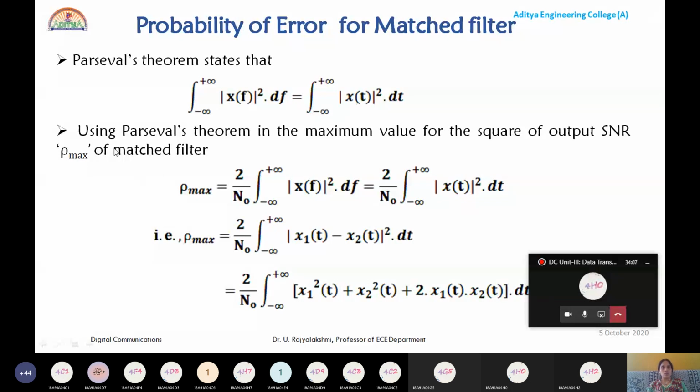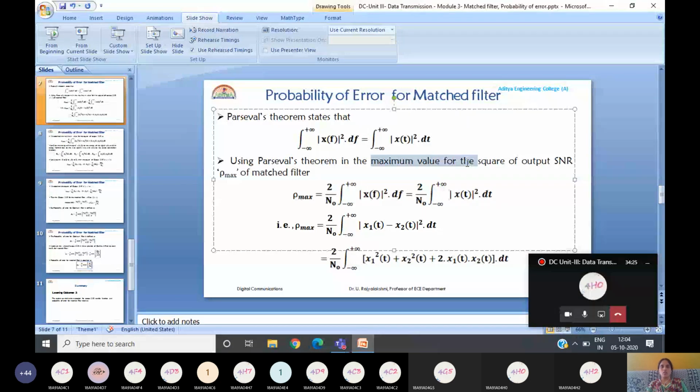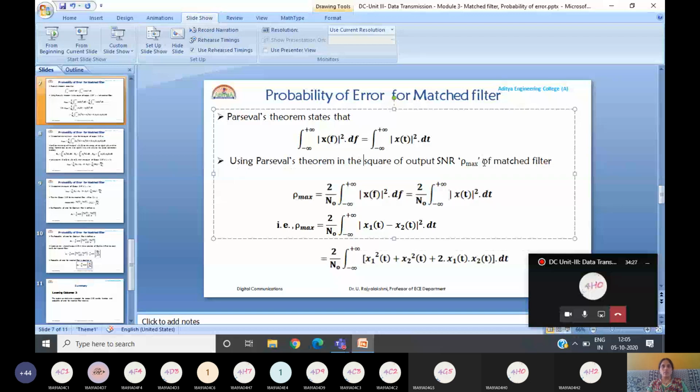So use Parseval's theorem in the maximum value of the square of output SNR for the matched filter.